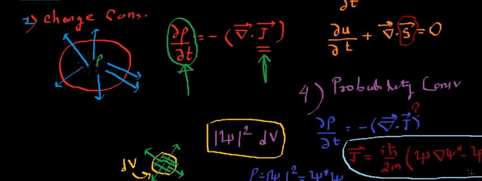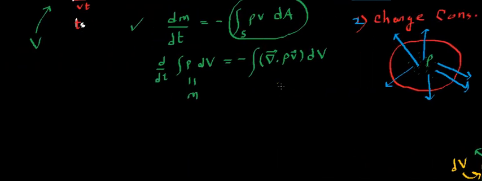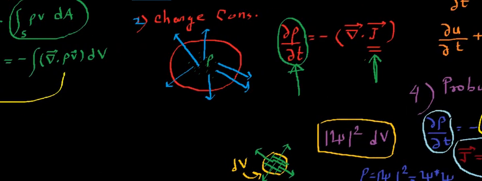But for now you need to understand that in quantum mechanics, if the probability of finding a particle is decreasing with time, then there is some current flowing, and this current is decreasing the probability. It means this current is related to probability. In fluids the current was related to mass. In electrodynamics the current was related to charge.